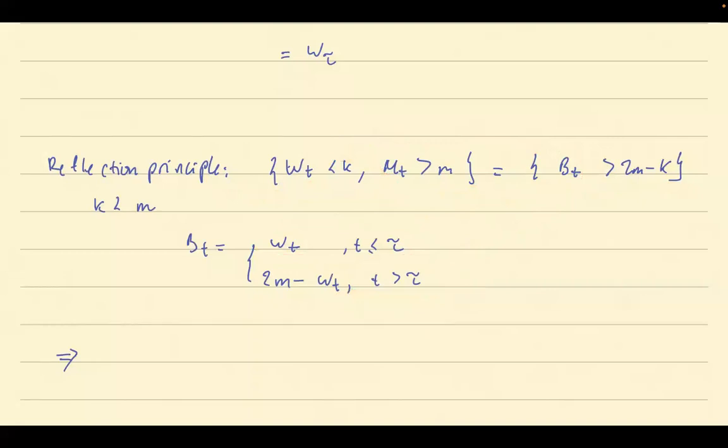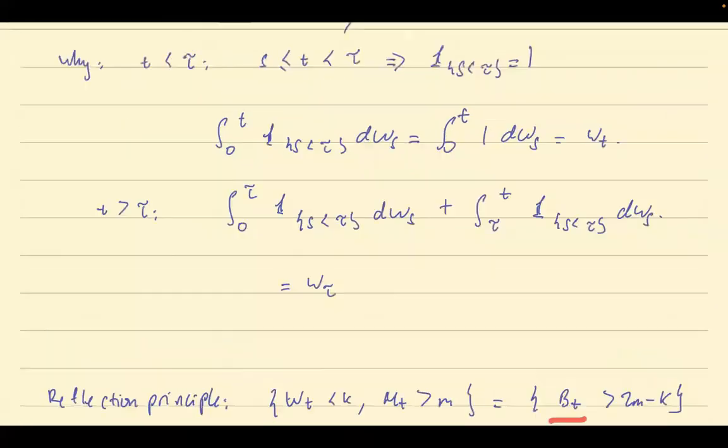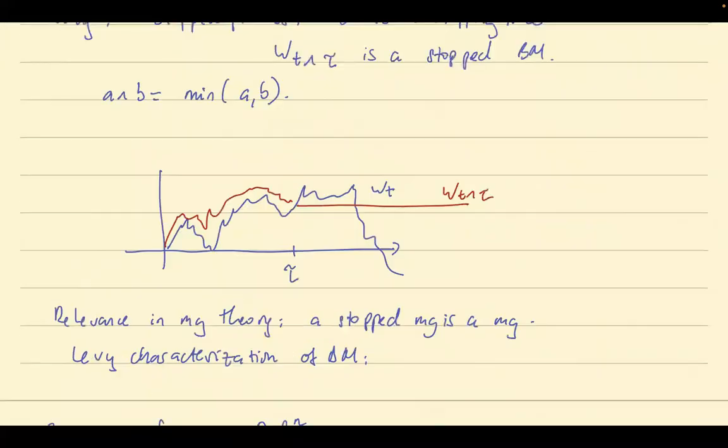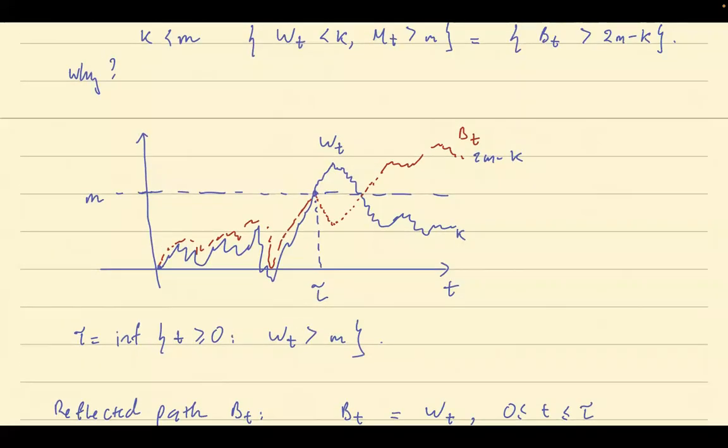So going forward, we want to go from left to right. Now, the event that MT is bigger than M, what does that imply? MT is the running max of the Brownian motion. You guys have mapped the running max before in your homework, so you saw how the running max works.